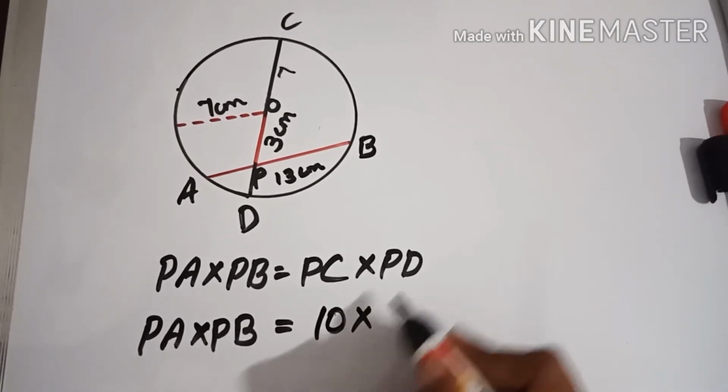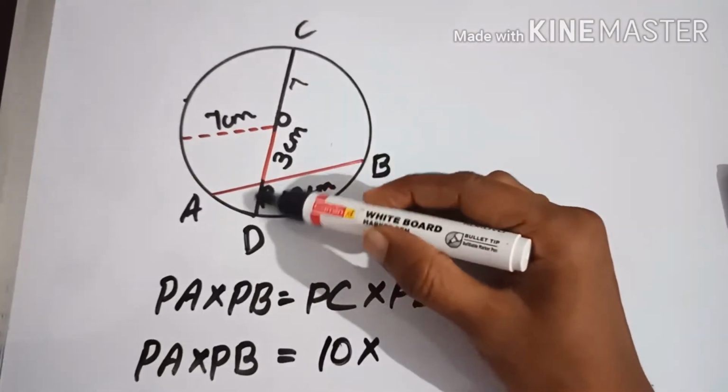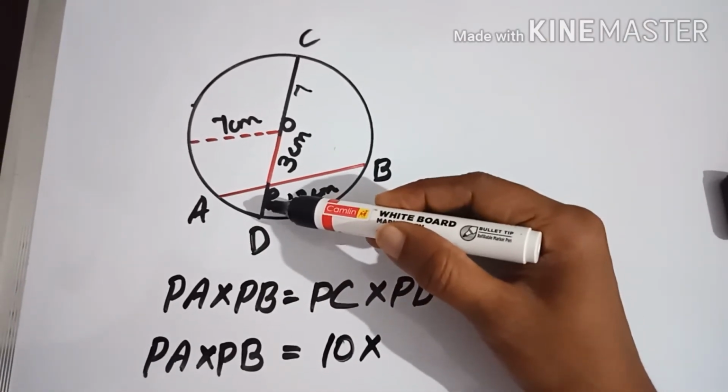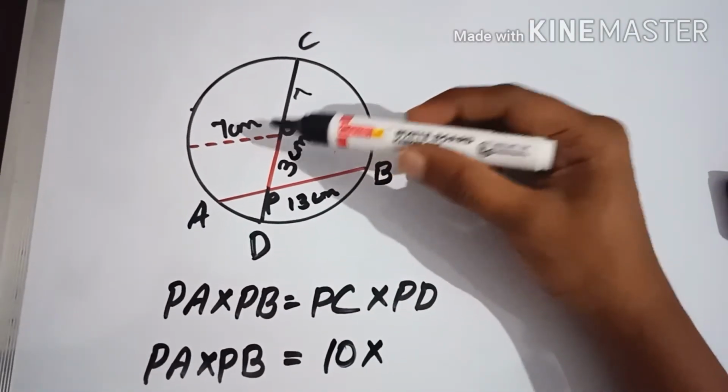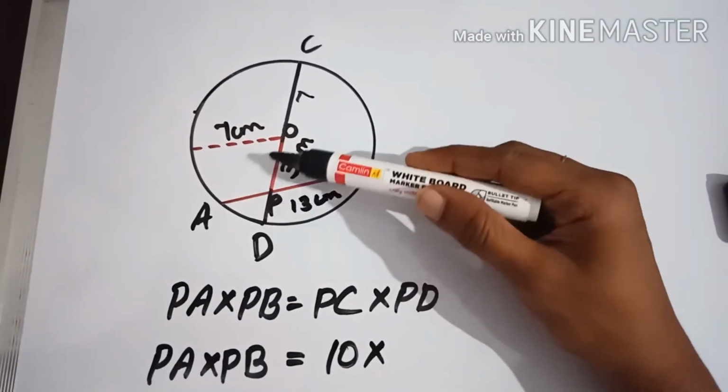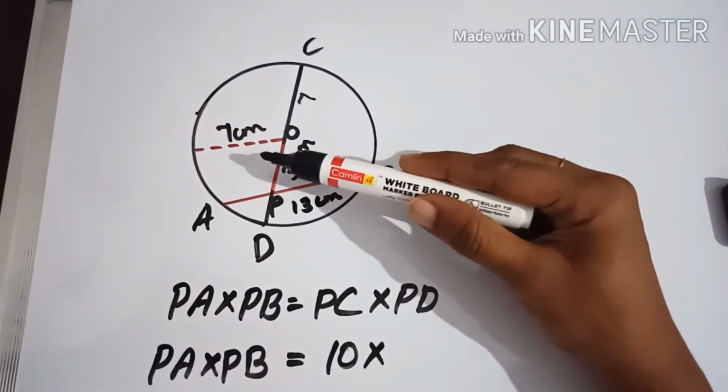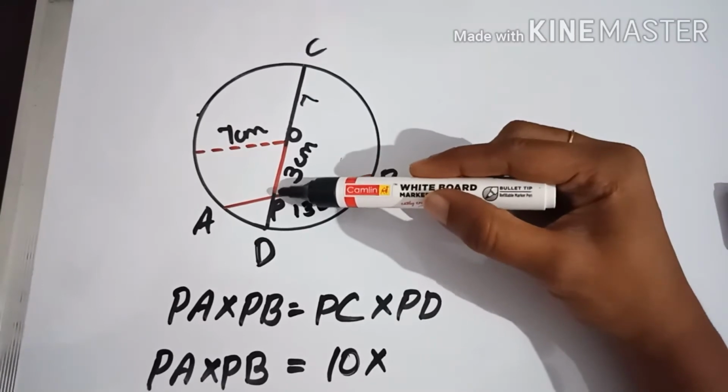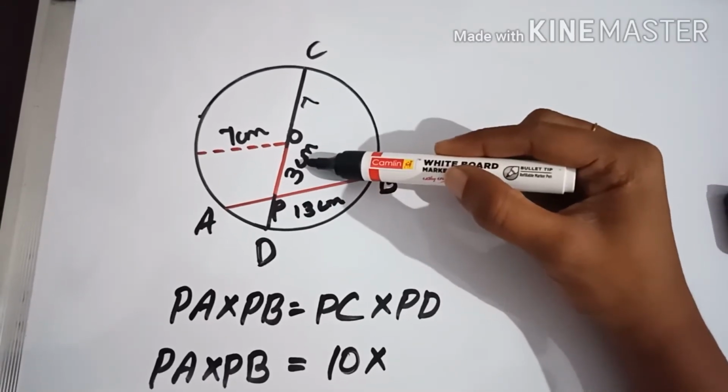Into PD, that means this small part. In order to find this part also we have one clue, that is the same radius. So here DO is the radius portion, that is 7 centimeter. Now in that 7 centimeter, PO is 3 centimeter.